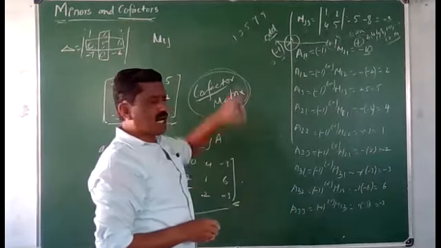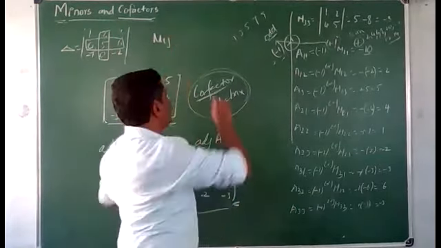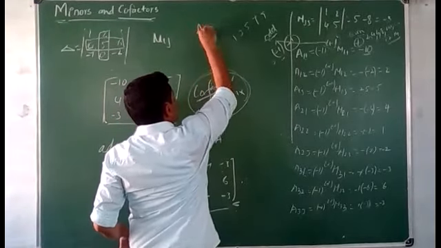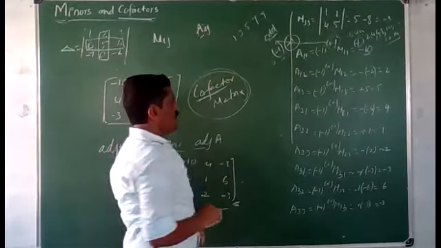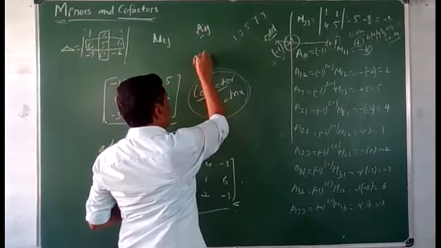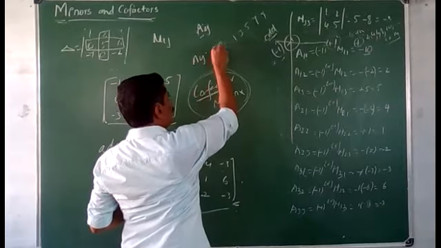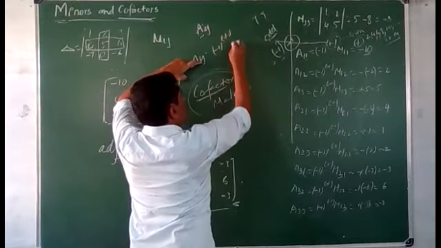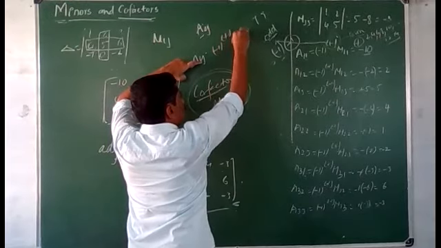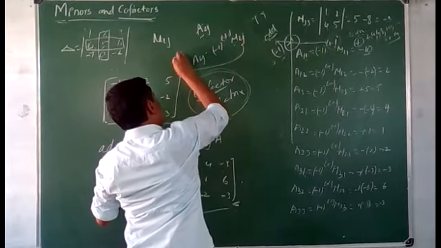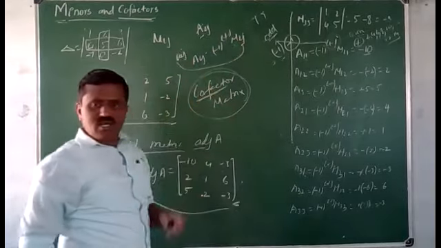The cofactor of an element is denoted as capital Aij, and it is defined as Aij equals minus 1 whole to the power of i plus j into Mij, where Mij is the minor of element Aij.